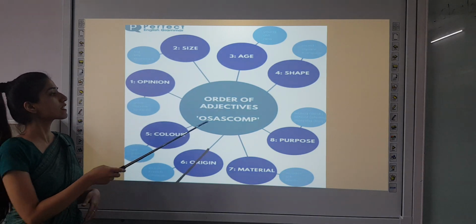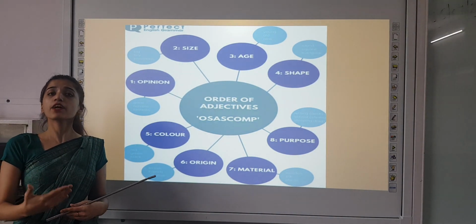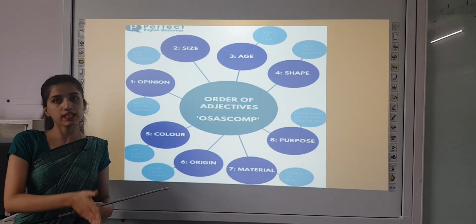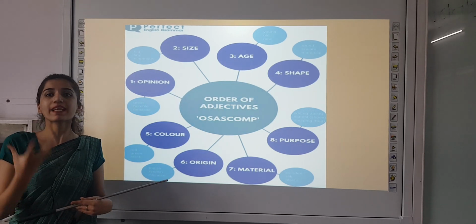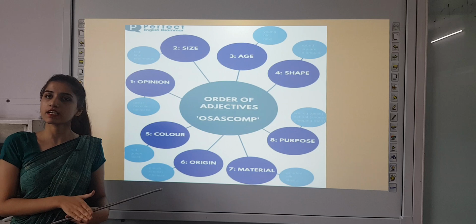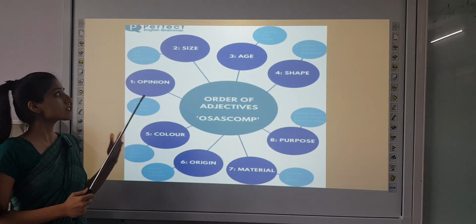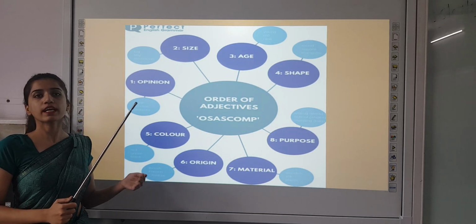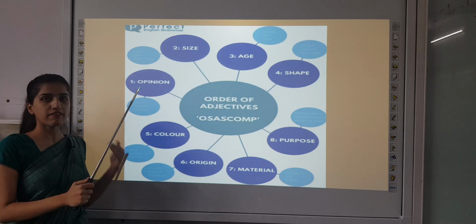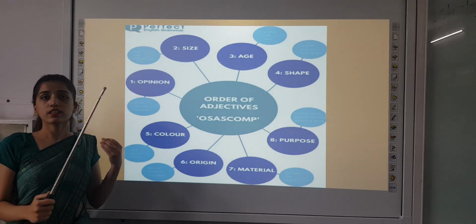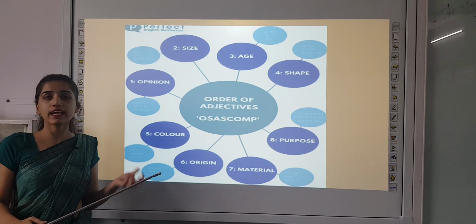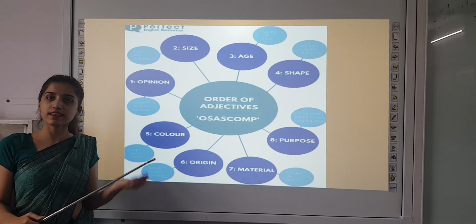So, here you can see the order of adjectives. If we are using more than one adjective in a sentence, then there is a certain order in which we place them. The first thing that we put is the opinion. We are describing an opinion that can be great, sensible, tall, ugly, handsome, anything.